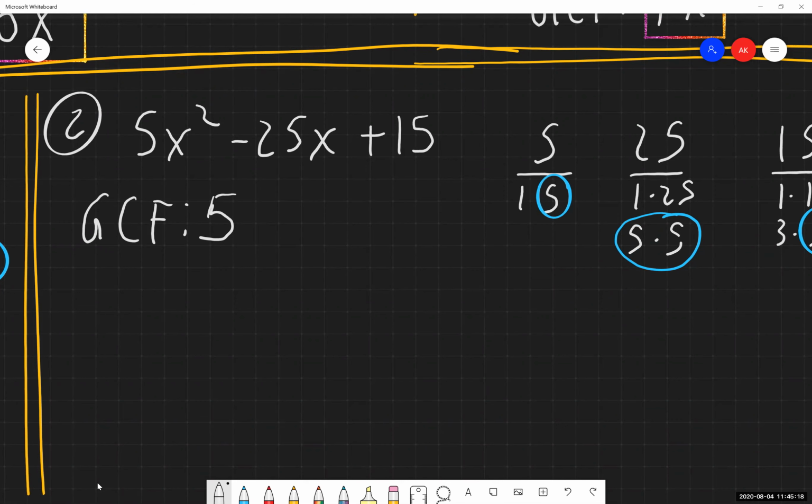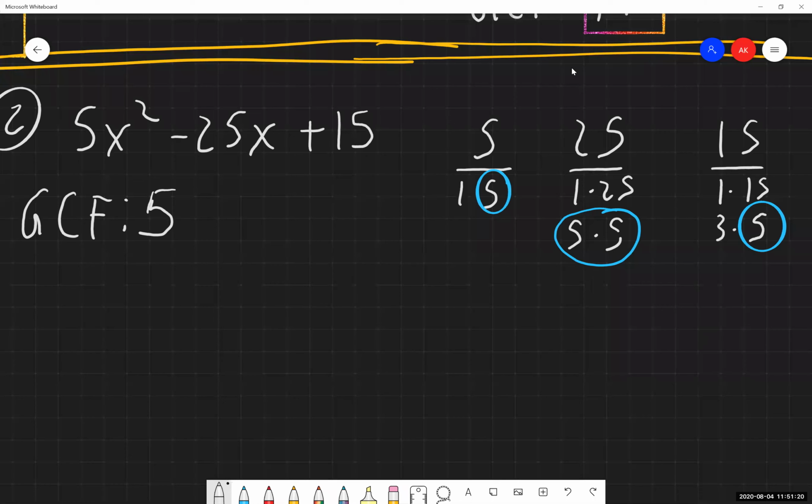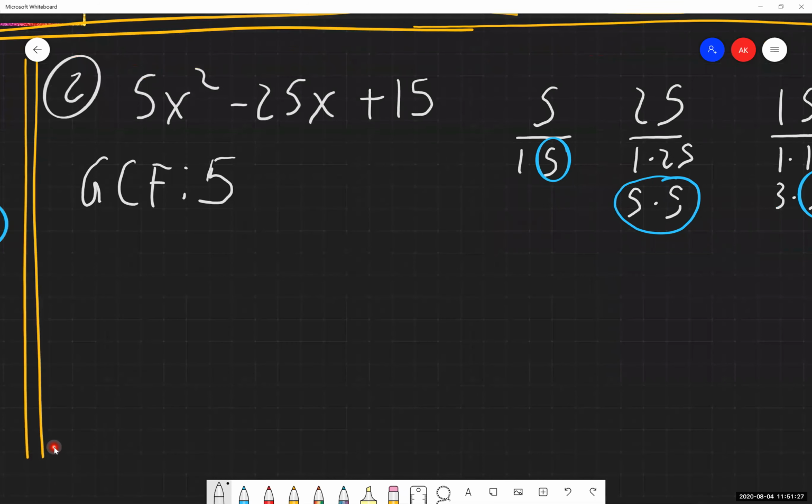Okay. So we have our greatest common factor, and now I'm going to show you guys another way that we could think about going through and factoring out that 5 from all of the terms. And I went through in the first example how we can write everything written out as a product with the greatest common factor.